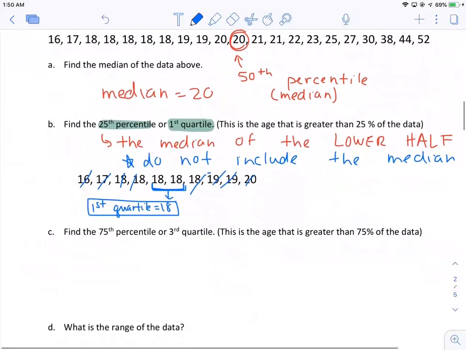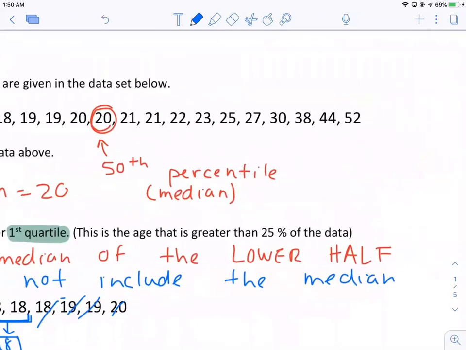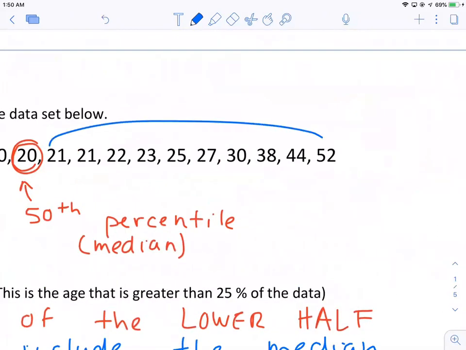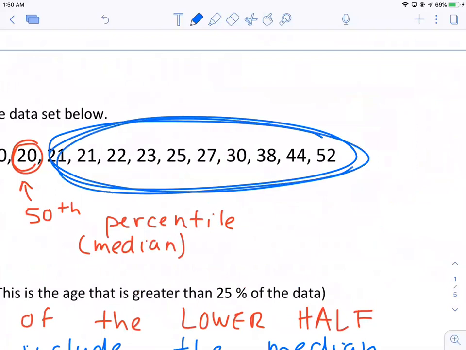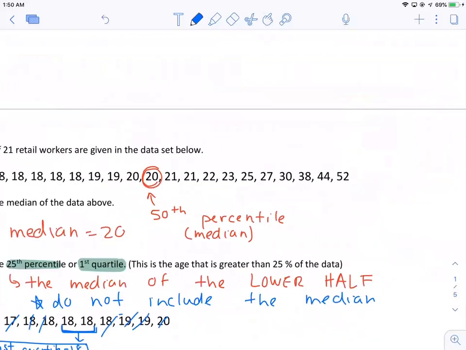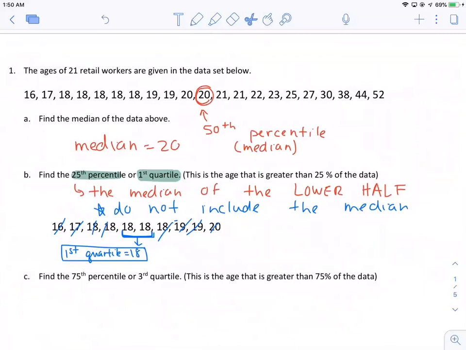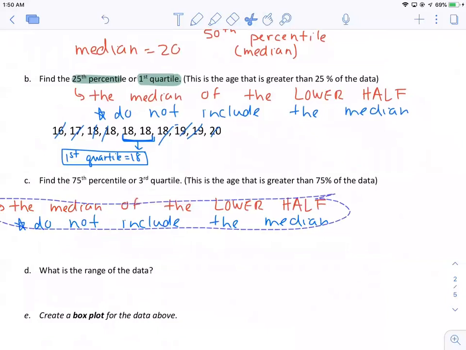All right? Next, let's find the 75th percentile. Well, if the 25th percentile was the median of the lower half, wouldn't it make sense that the 75th percentile is going to be the halfway point of the upper half of the data? In other words, it's going to be the median of the upper half. And again, we do not include the median when we do the third quartile.